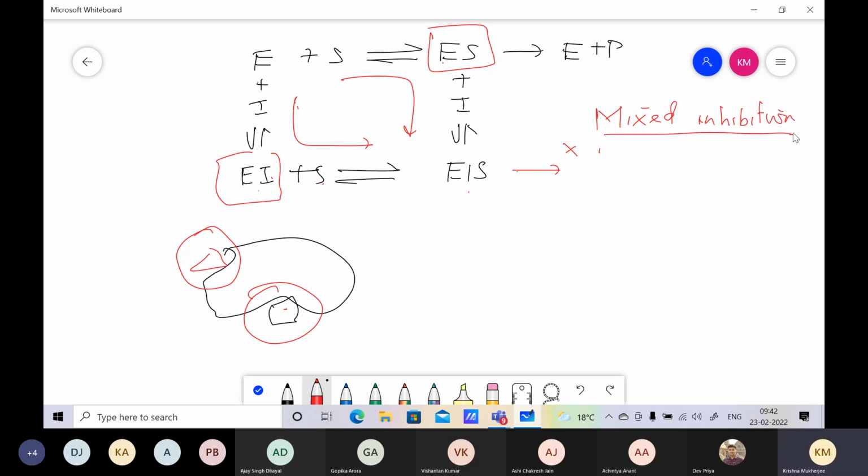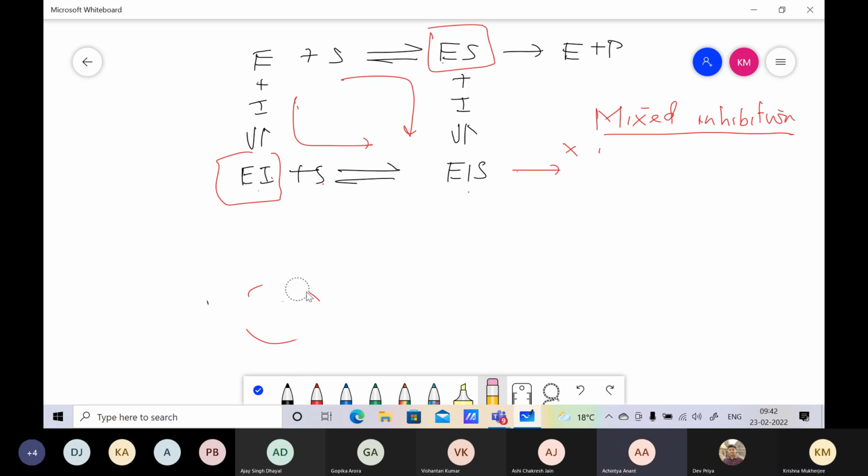And so now the equations would be: V is equal to V max. These are all simplifications of the last equation that I wrote, so it really should not be too difficult. So ES is V max, and then ES is E dot S upon Km.